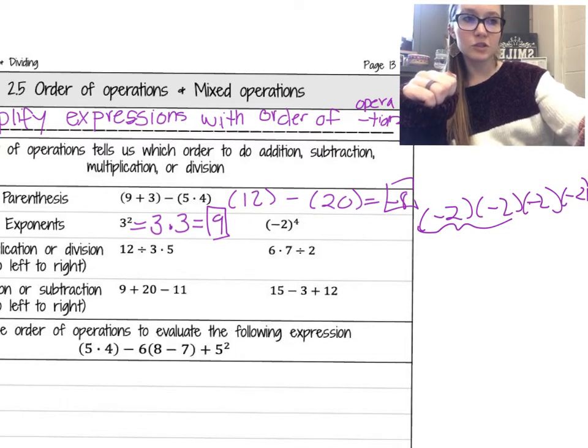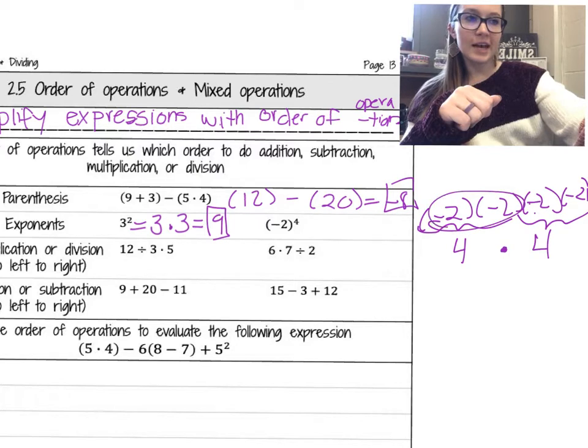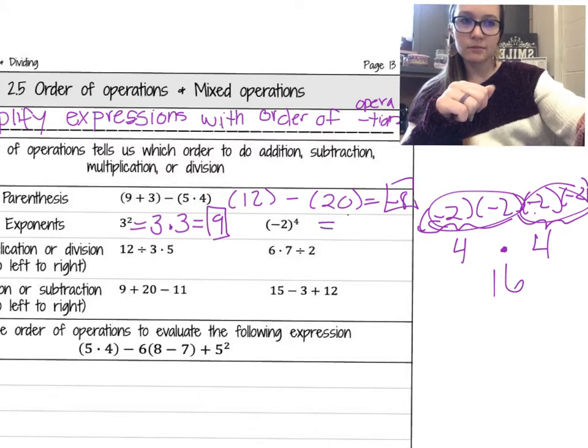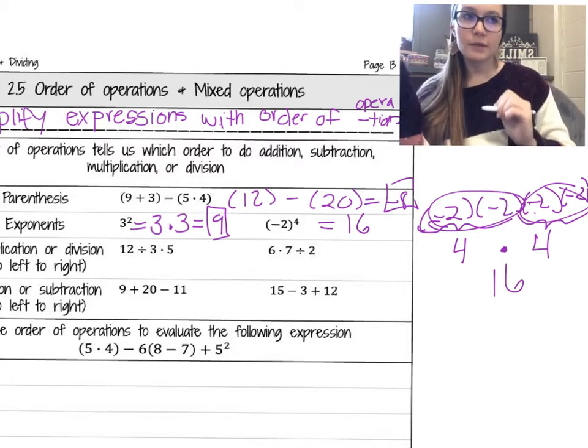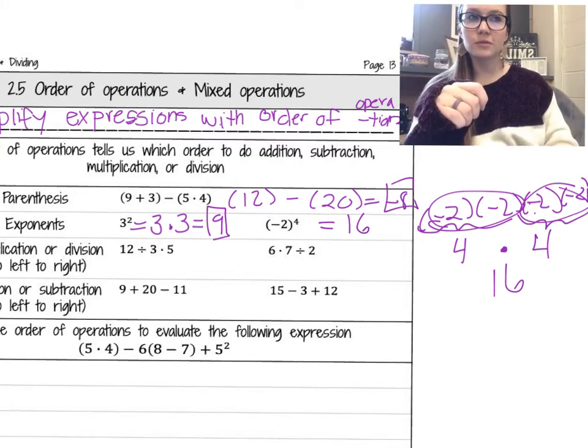And then 2 times 2 is 4. Same thing over here. Negative 2 times negative 2 is also going to be 4. So I have this half times this half, which turned out to be 4 times 4, which is 16. Okay, so an exponent just says, multiply this number times itself that many times. So negative 2 times itself 4 times.